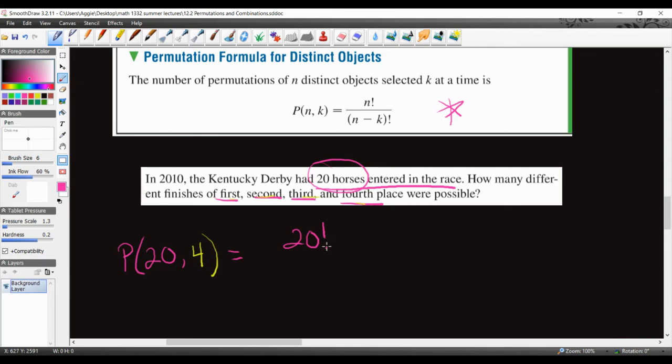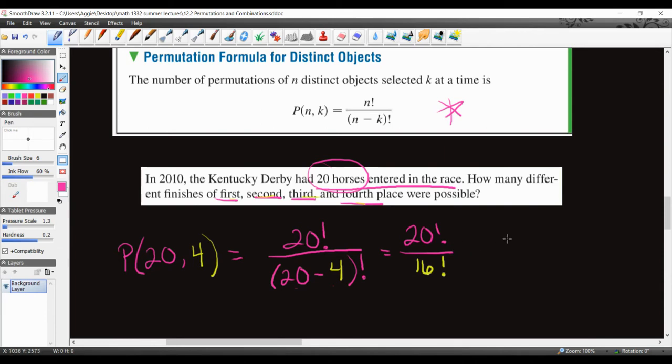So 20 factorial over 20 minus 4 factorial. We do subtract that first, which is 16, and then we have the factorial.